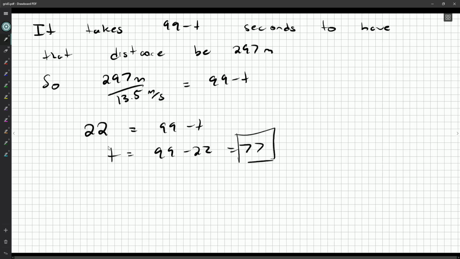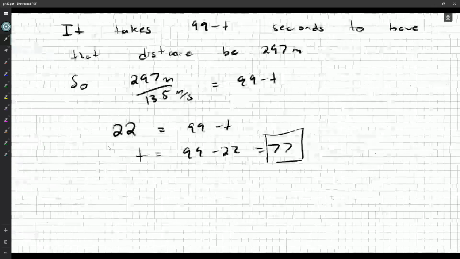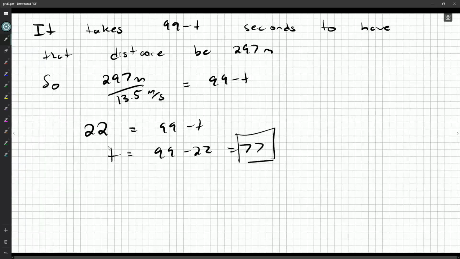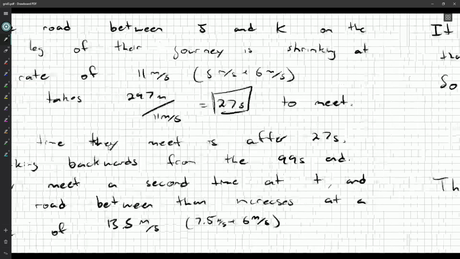Okay, so that's our other point in time that we need to worry about. And the other one was what? 27. So there we go. So the 2 meeting times are 27 seconds and 77 seconds. And that's all there is to it.